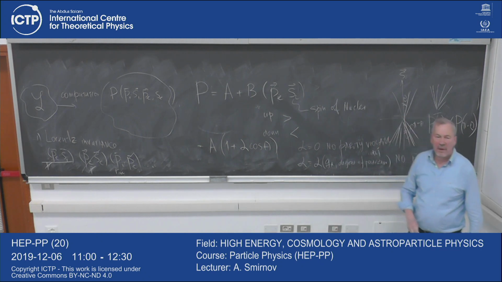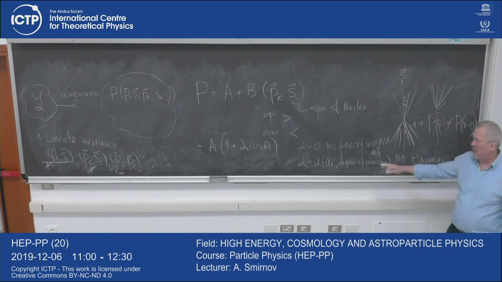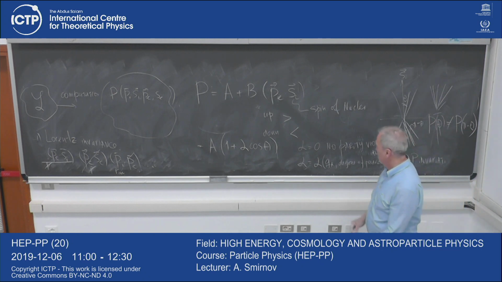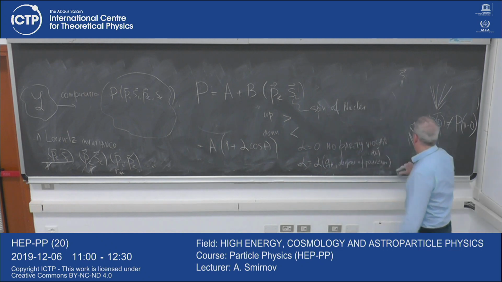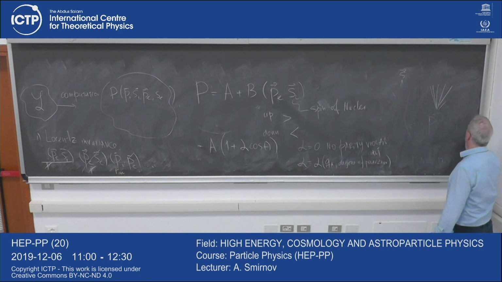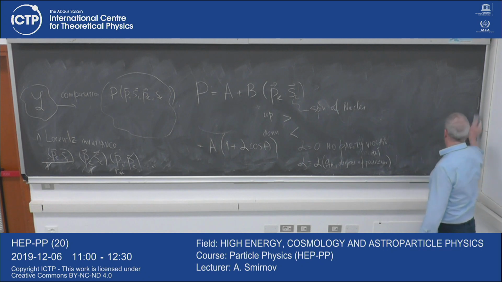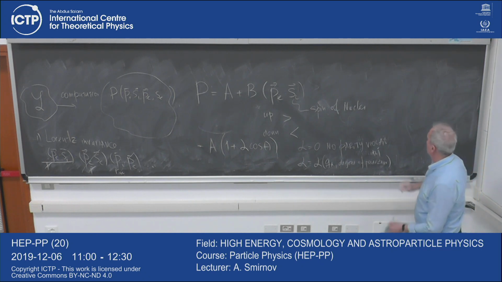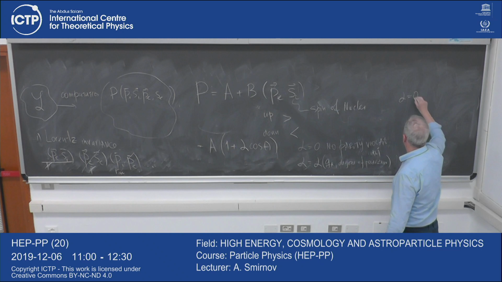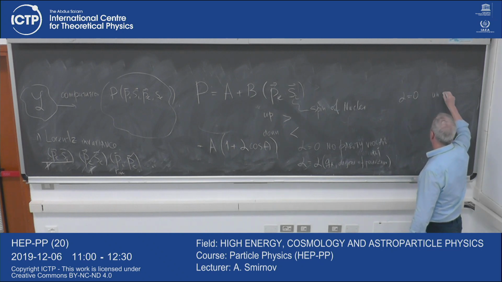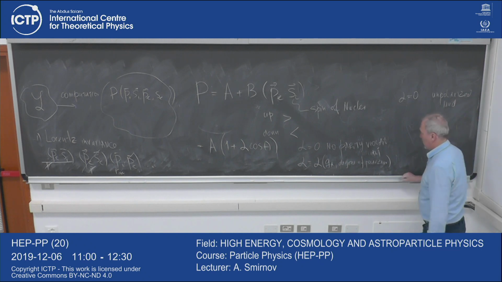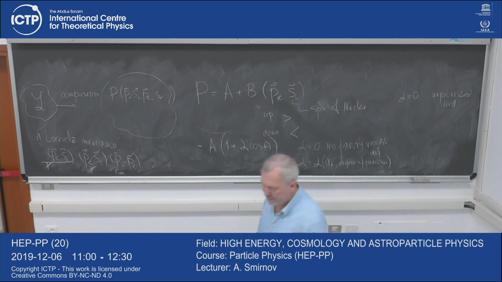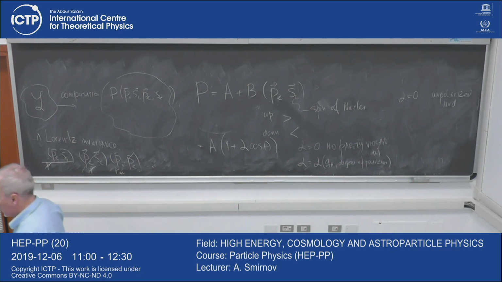So that if you have unpolarized nuclei, then alpha is also 0. So alpha is 0 for unpolarized. Questions?